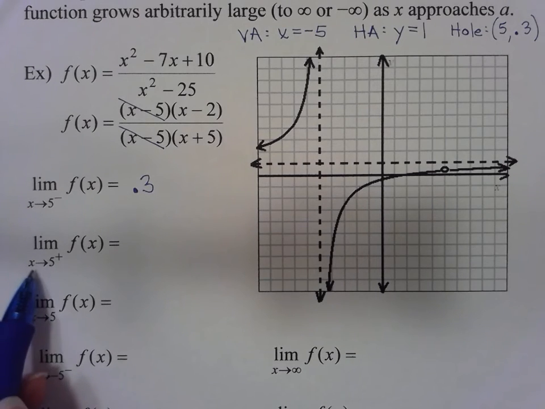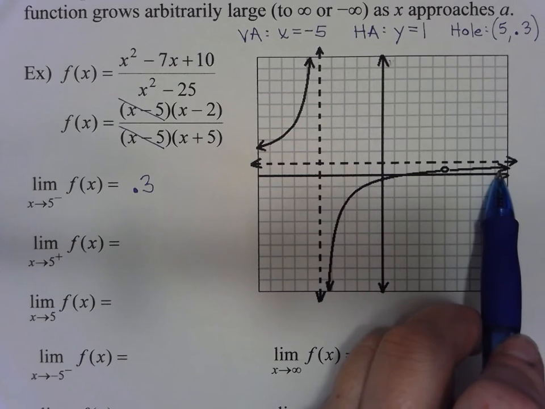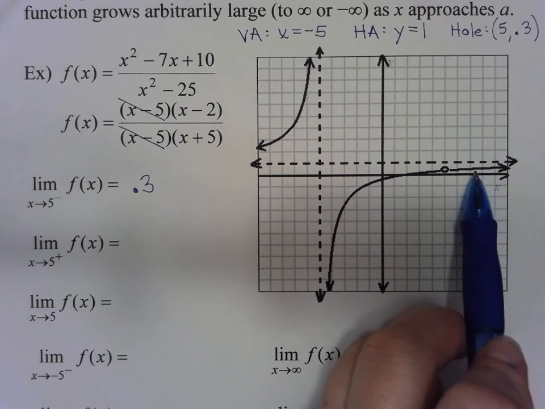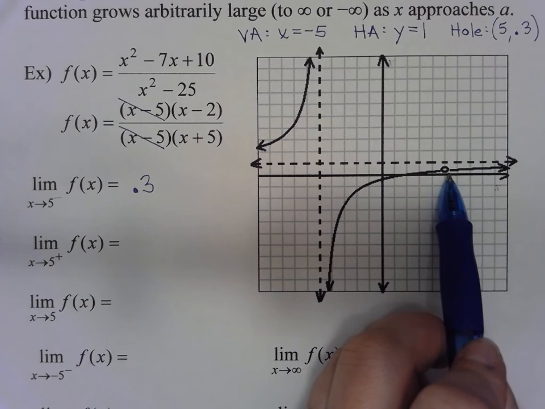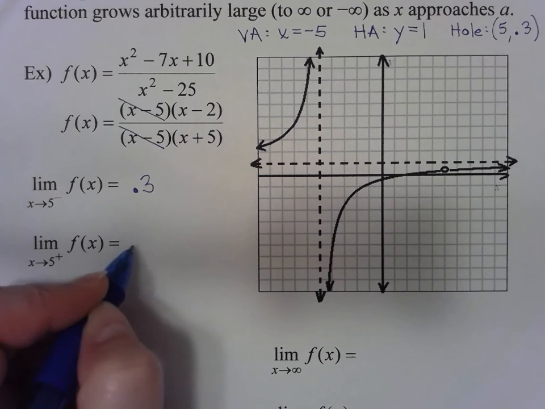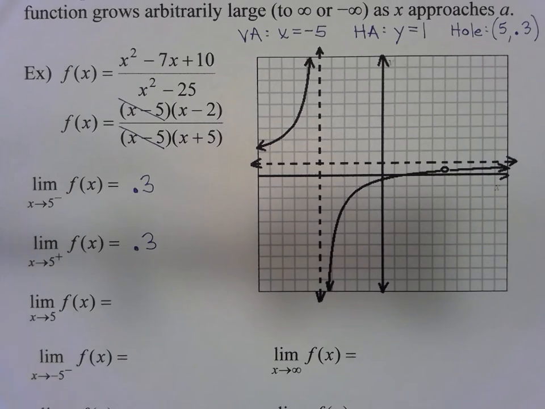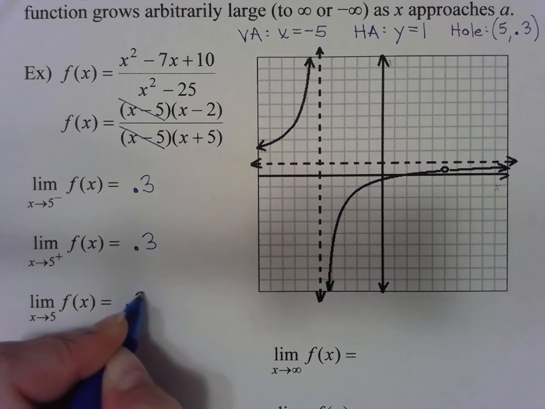How about the limit as x approaches 5 from the right? Same curve, but now I'm coming in this way, and the y values are still going to get closer and closer to the y value of my hole. Since these are the same, the limit as x approaches 5 from both sides is 0.3.